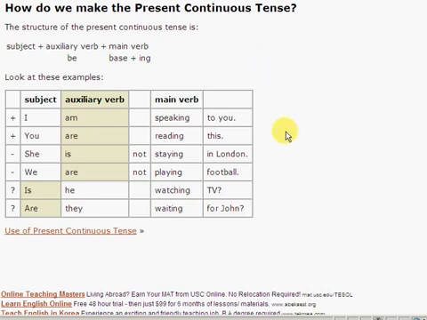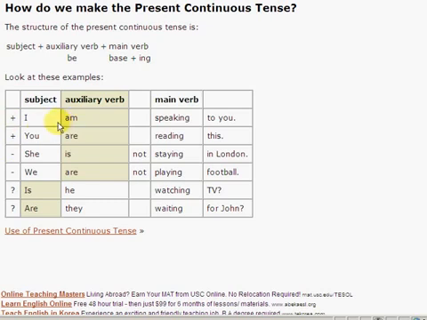Let's look at these examples. Number 1. I am speaking to you. You are reading this. Both of these sentences are positive, meaning they are good or agreeing sentences.